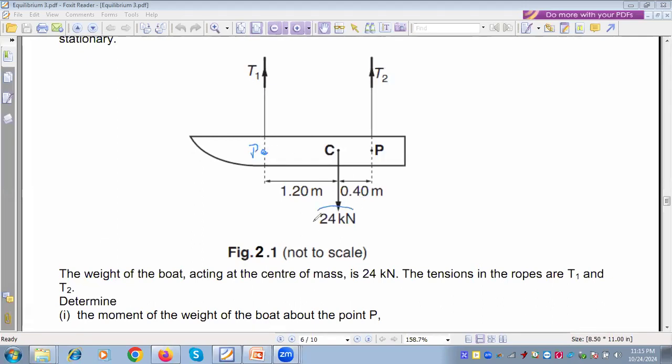If we take this point as a pivot, then W is 24, and this distance will be 2400 into 1.2 equal to T2 into its distance, 1.6. So we can calculate T2 using this. Let me write the value of T1, 6000 Newton.